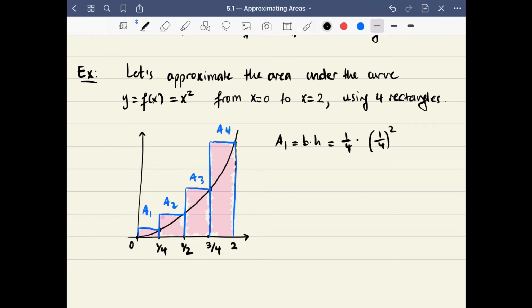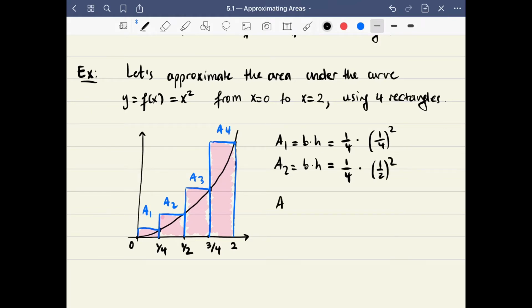Okay, then area A2 is equal to, again, base times height. Bases have all the same length, so 1 over 4 for the base times now the value of this function here, at this right endpoint. So I should write here 1 over 2 squared, and I keep doing that.